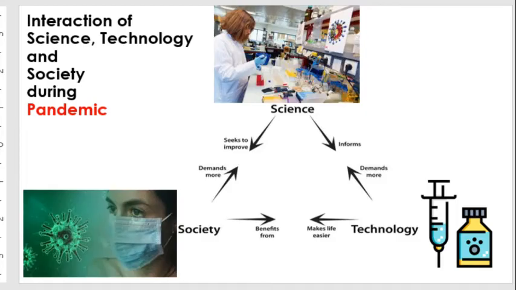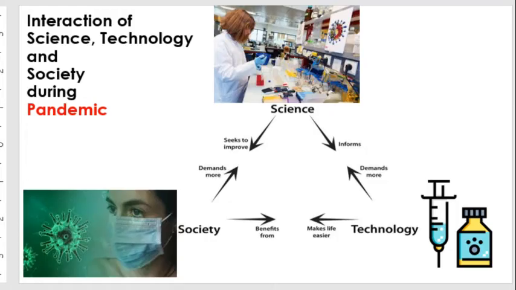Now, as I said, commonly, the development of science and technology starts from the society. Since our society today is experiencing a pandemic due to COVID-19, they demand more on science on what they're going to do. Since science did not know much about this coronavirus during the early period of the pandemic, they had to study and research on it.